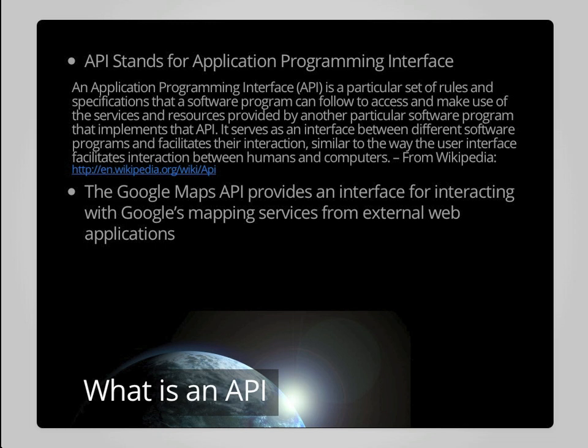So the communication here is between your web browser that is running the HTML and JavaScript code that you've written and the Google servers that are generating the map images and providing back the content that goes into the map page that you're displaying in your website.